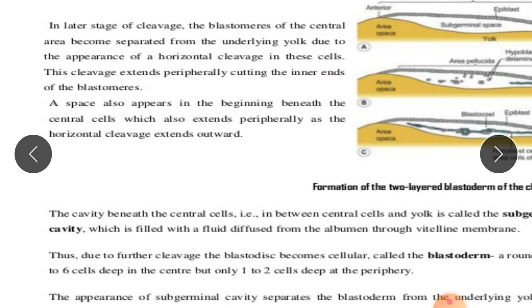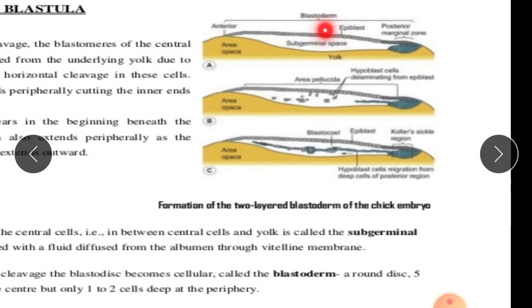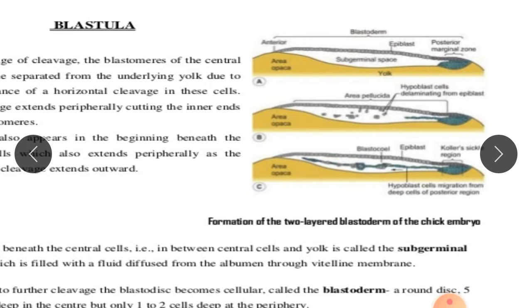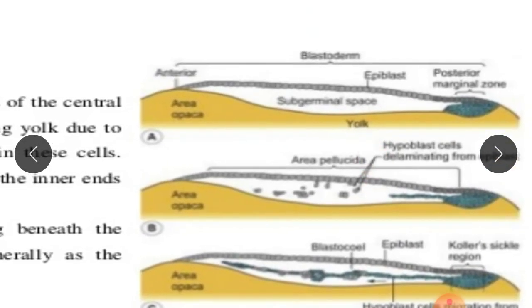A space also appears in the beginning beneath the central cells, which also extends peripherally as the horizontal cleavage extends outward. Can you see here? This is also extending. So this is the blastoderm.